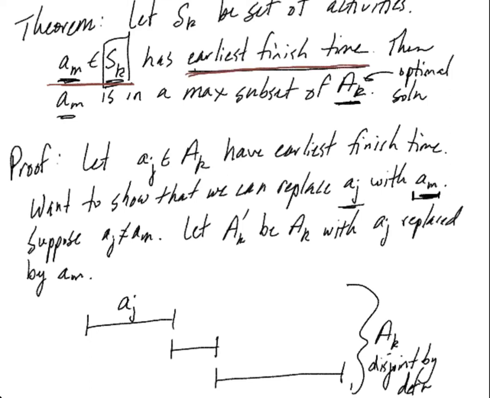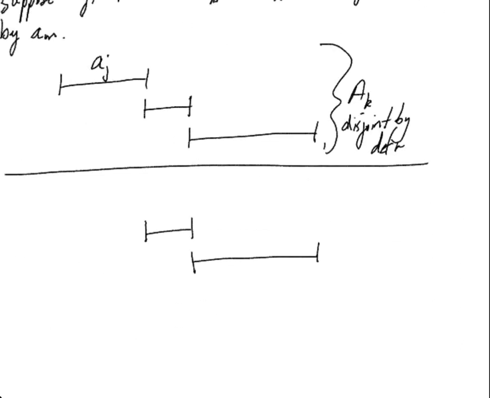So its finish time is either equal to or earlier than A sub j. So A sub m is going to look something like this. And here is A prime of k.